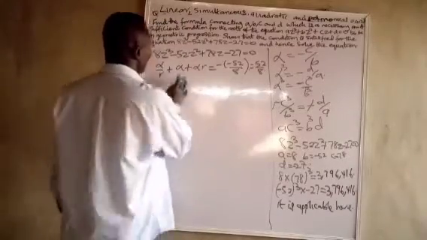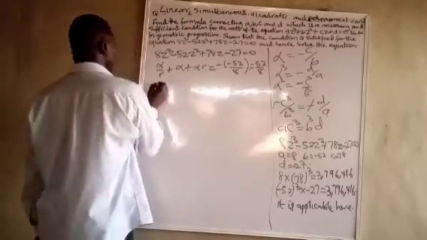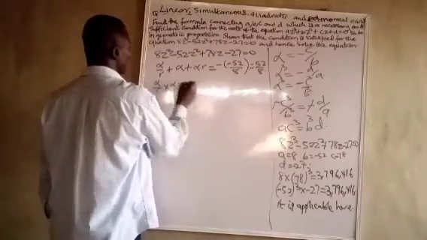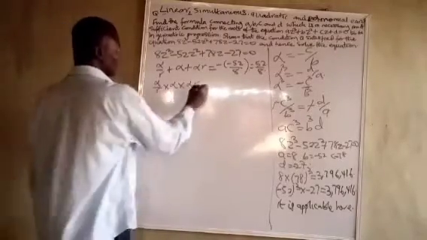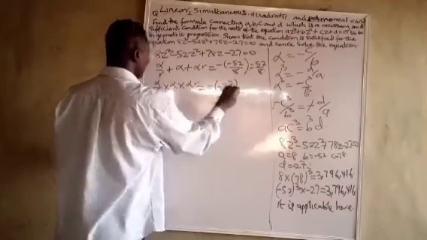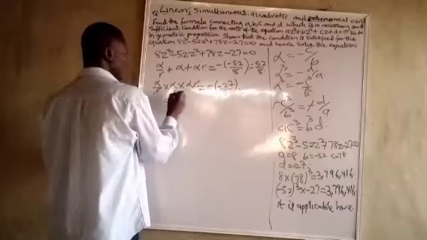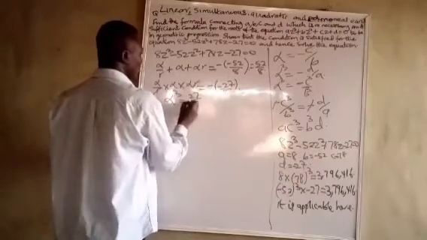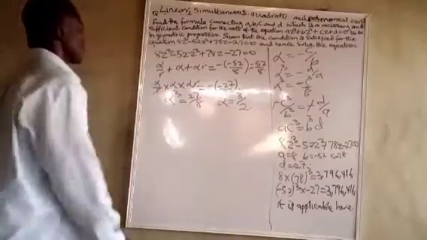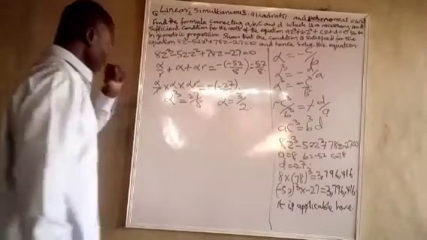And I can also get that the product of everything, alpha over r times alpha times alpha r, is equal to minus 27 over 8. So alpha cubed is equal to 27 over 8. So alpha is 3 over 2.